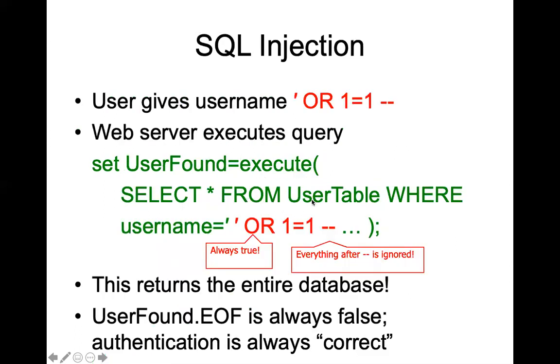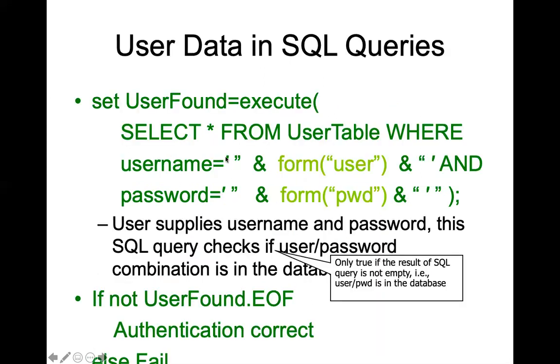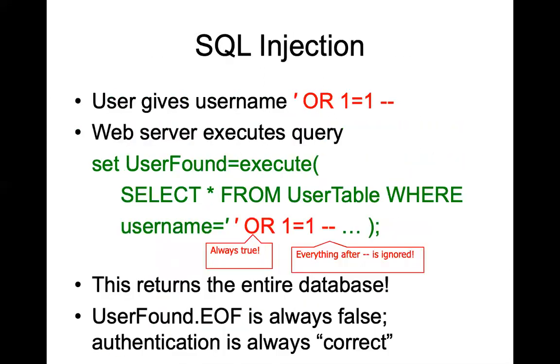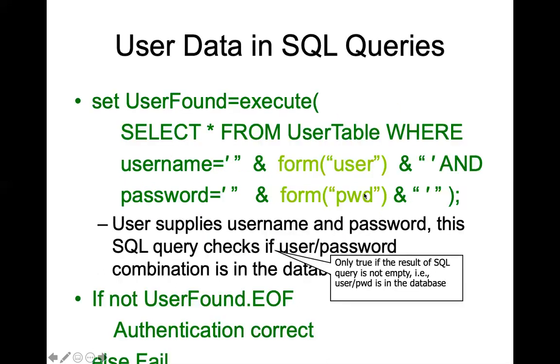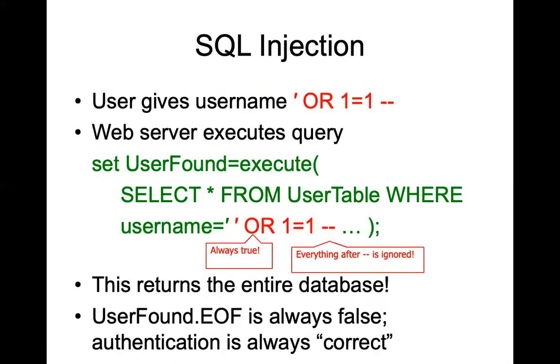Okay. Select star from user table where username is equal to, look at this, open quote. The generated query will contain this close quote or 1 equal to 1 minus minus. And because this minus minus represents a comment, everything else after this, which includes the and password and whatever is provided as a password and close quote, everything is going to be ignored. So if you execute this query, the database looks at this query, it is select star from user table where username is blank or 1 equal to 1.